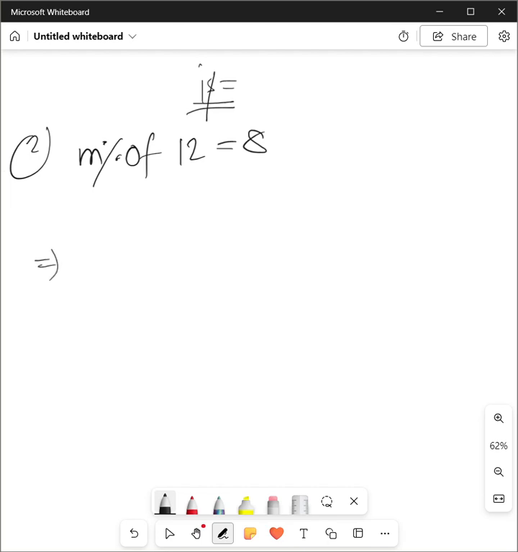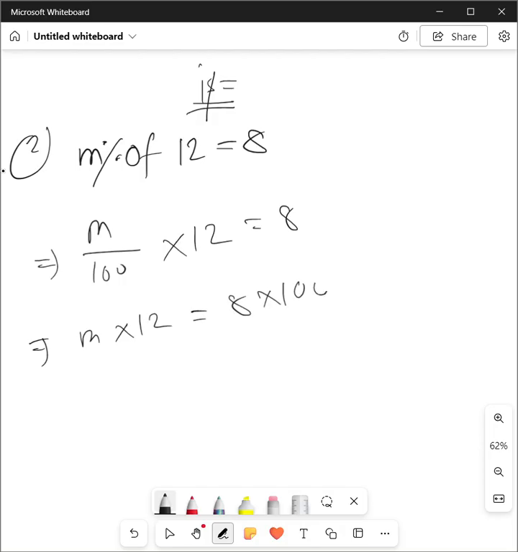Then we know how to write m divided by 100 multiplied by 12 equal to 8. Then we have to erase the 100, so we multiply 100 on both sides. That will give us 12 times m, equal to 8 times 100. And also we need to erase this 12 because we need to single out m. So m equals 800 divided by 12.